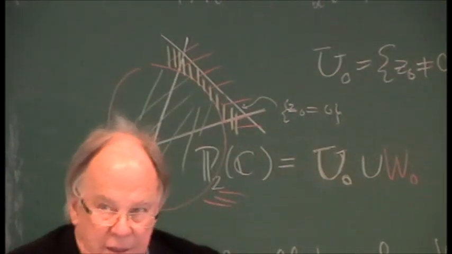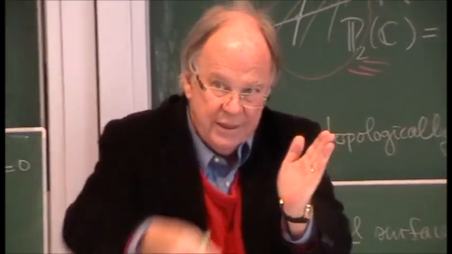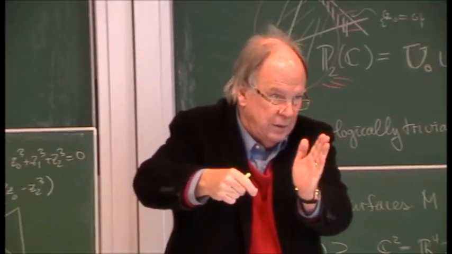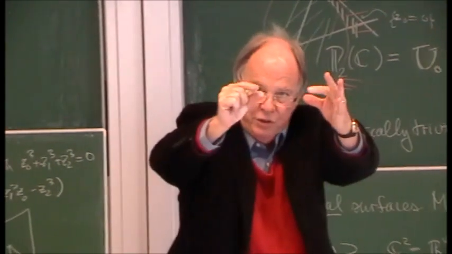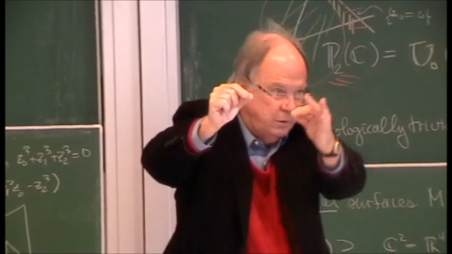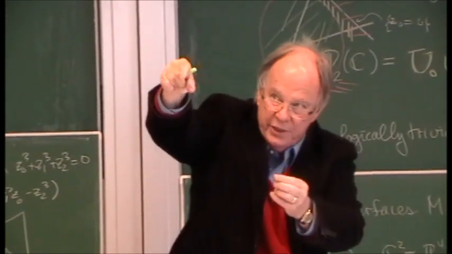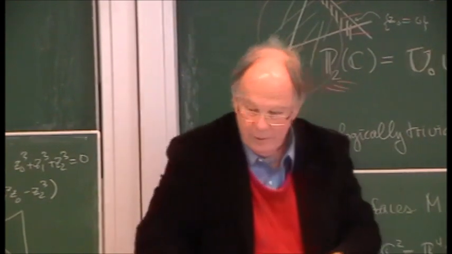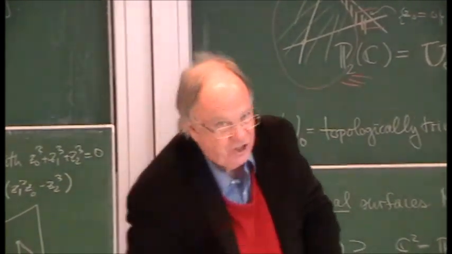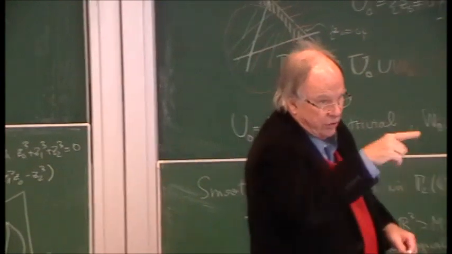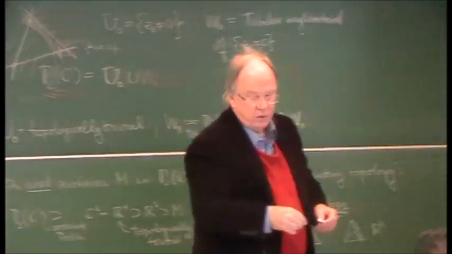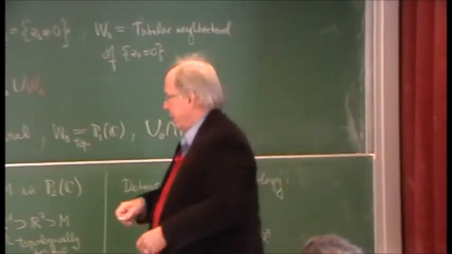Right? It's the tubular neighborhood minus the P1. Right? Well, that's retractable to the sphere. Right? That's retractable to the sphere just by taking the radius and shrinking it down to the sphere. This is P2, so that's the unit sphere, and it's dimension 3.